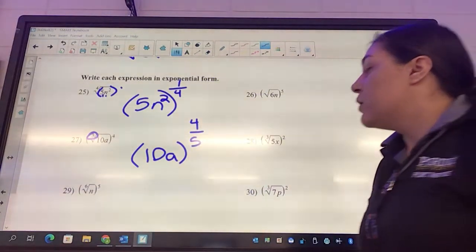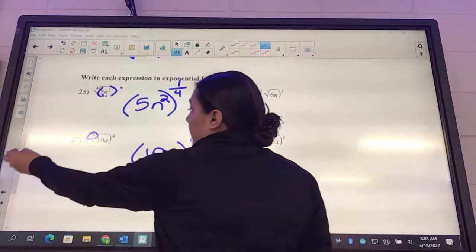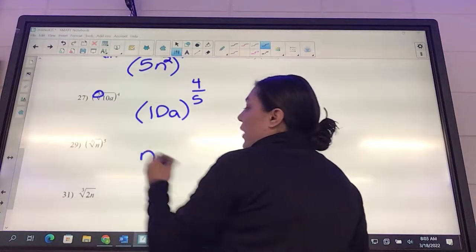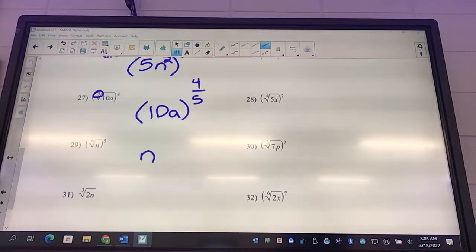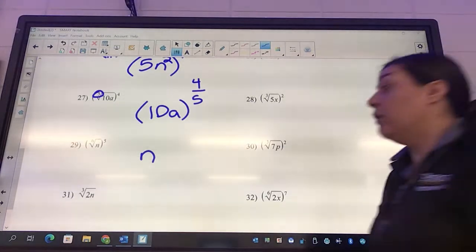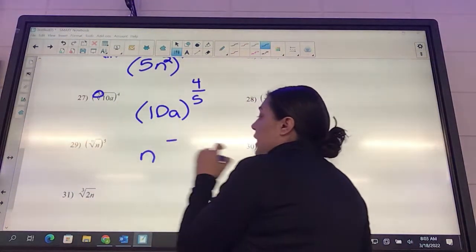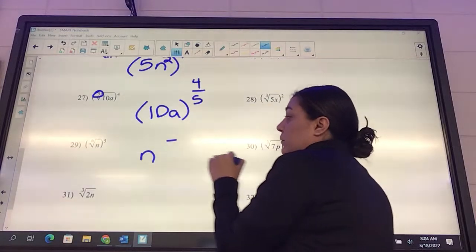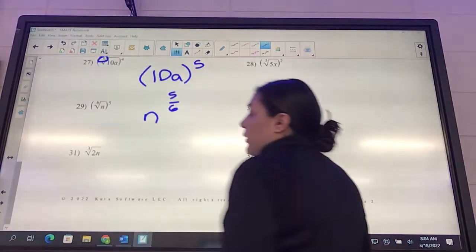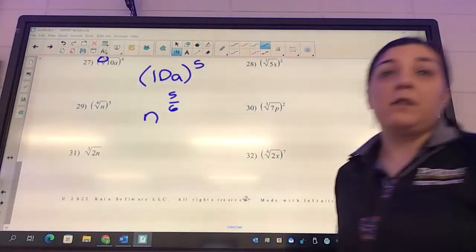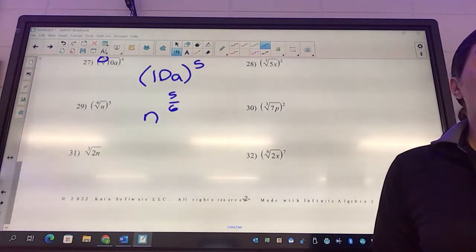Okay, so 29. Do you have to use parentheses? Why not? It's only 1. Can you? You can. What's going to go on top? 5/6. Good. 31. Do we need parentheses? Yes.